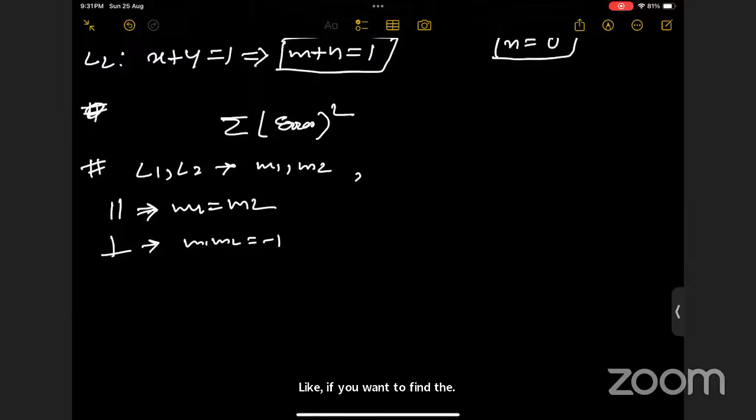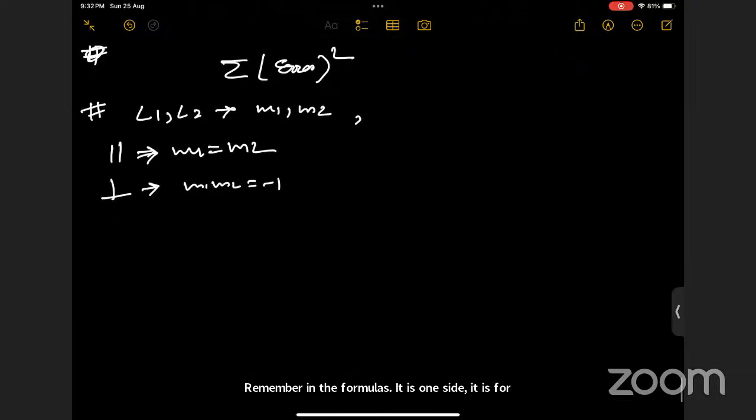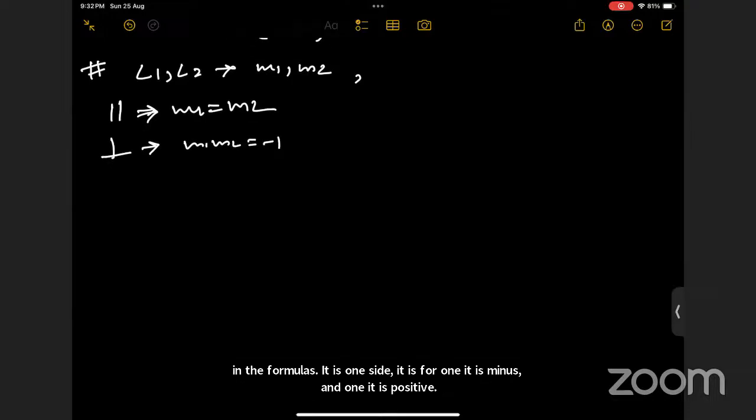If you want to find the angle, then you can apply it; otherwise, you don't need to focus on it. Ma'am, in the formulas, on one side it is minus and on the other it is positive. There only I get confused, ma'am.